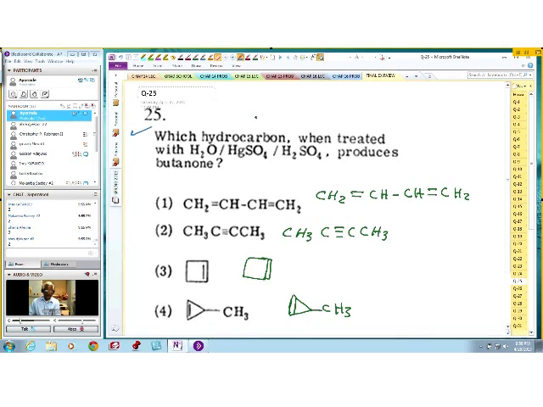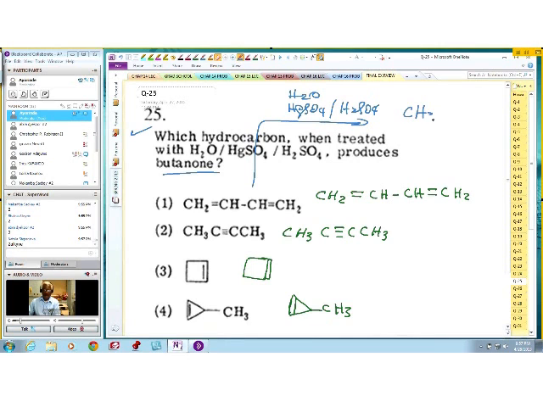Okay, very good. So which hydrocarbon, when treated with water, mercury sulfate, and sulfuric acid, produces butanol? So they are asking, any one of these here, if you have this reagent, water, mercury sulfate, and sulfuric acid, which will produce butanol?